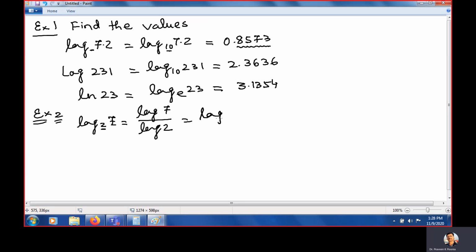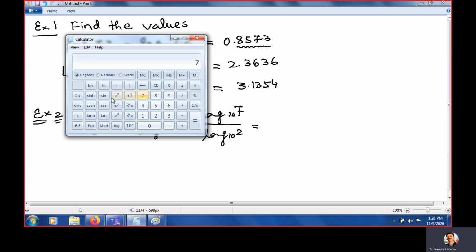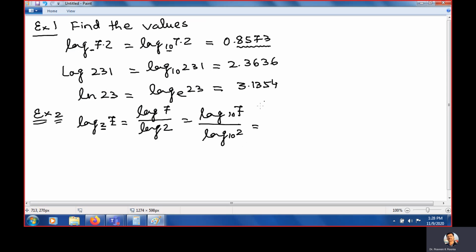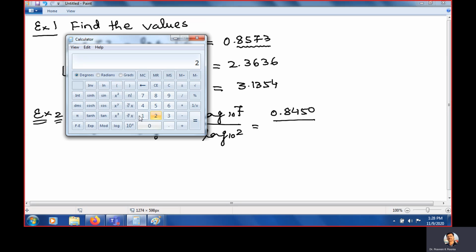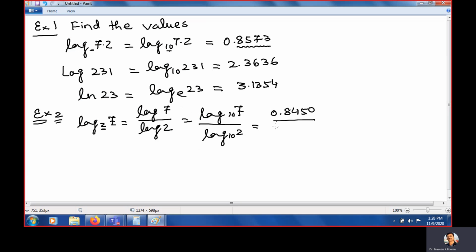And what is log 7 here? Log 7 means base 10. Log 2 means base 10. Now put in the values. Log 7 is 0.8450 upon log 2, which is 0.3010.